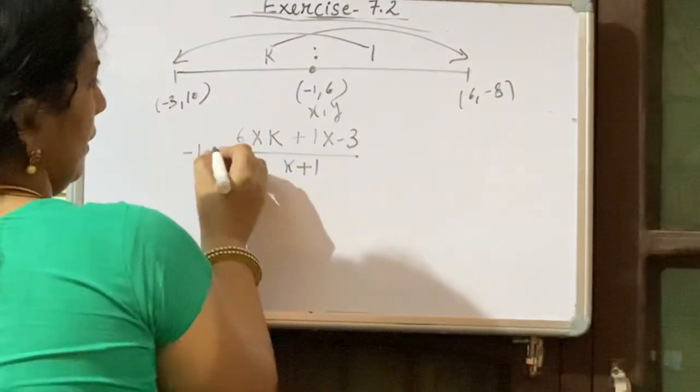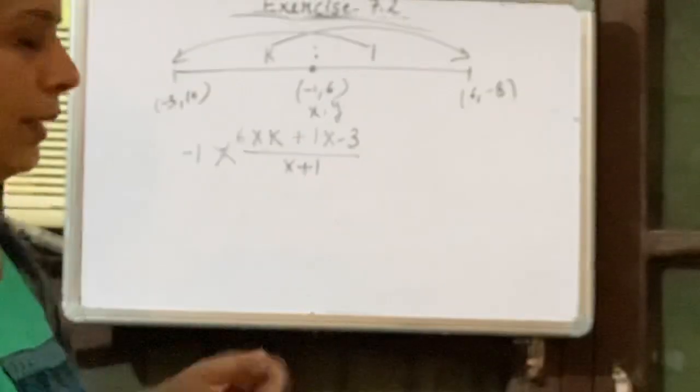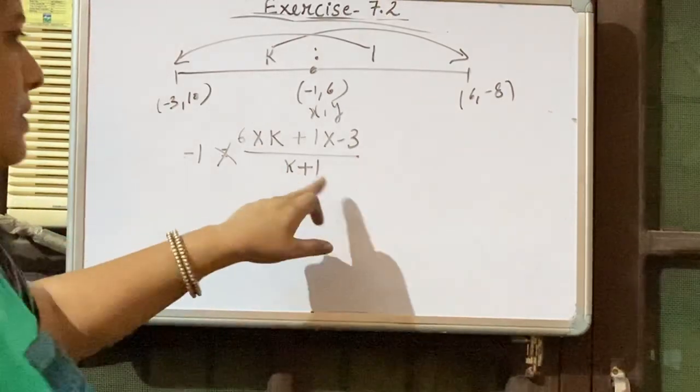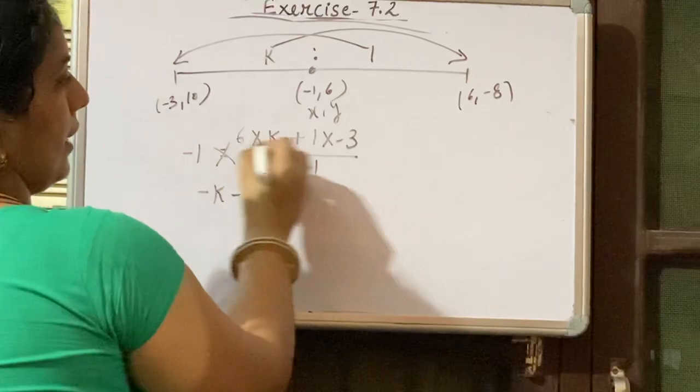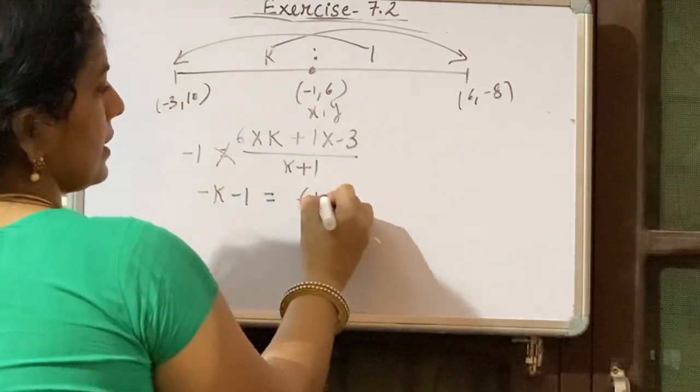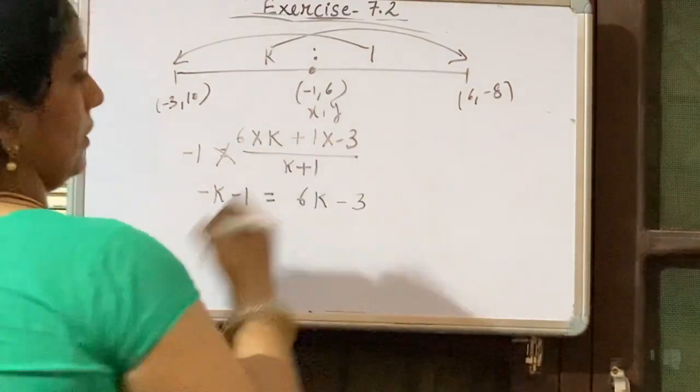So let's start. Here we will do cross multiply. Multiply k plus 1 by -1, which gives minus k minus 1. On the right hand side we have 6k minus 3.